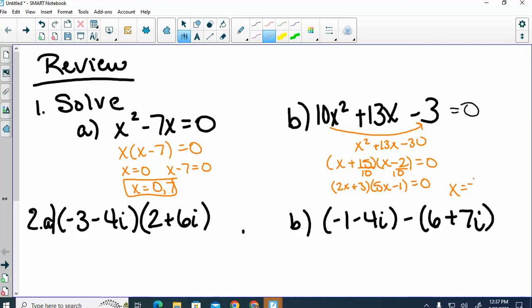So we get negative 3 halves, positive 1/3. Are we okay with those?